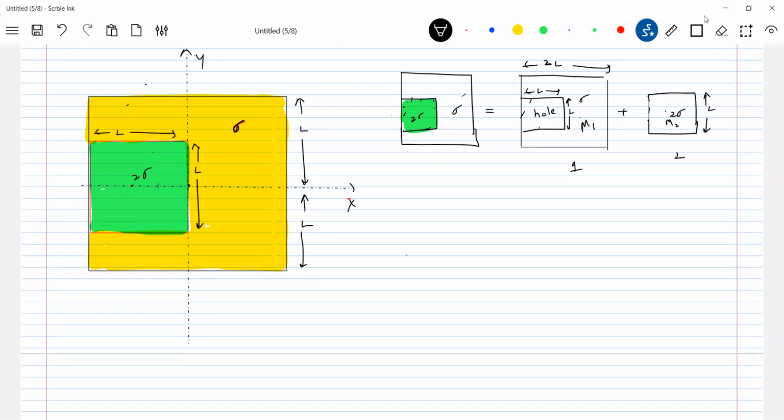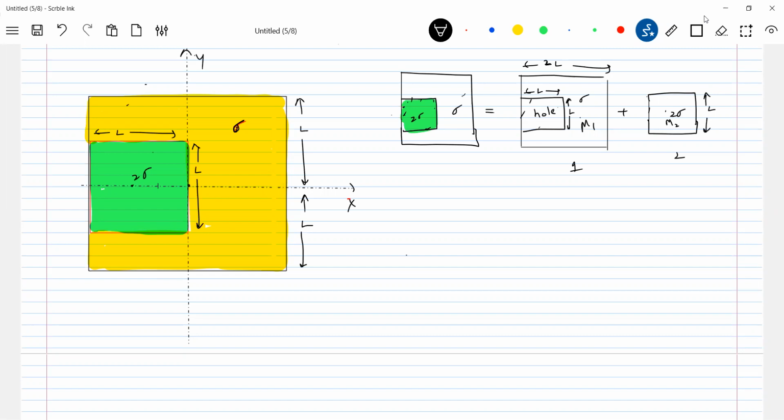Why, sir, did you bring all this? I think this was the mechanism, no? Or is there any other method? Can we assume this also in another way? A square plate of surface density sigma without any hole, plus a square plate of side length L and density sigma placed on it.